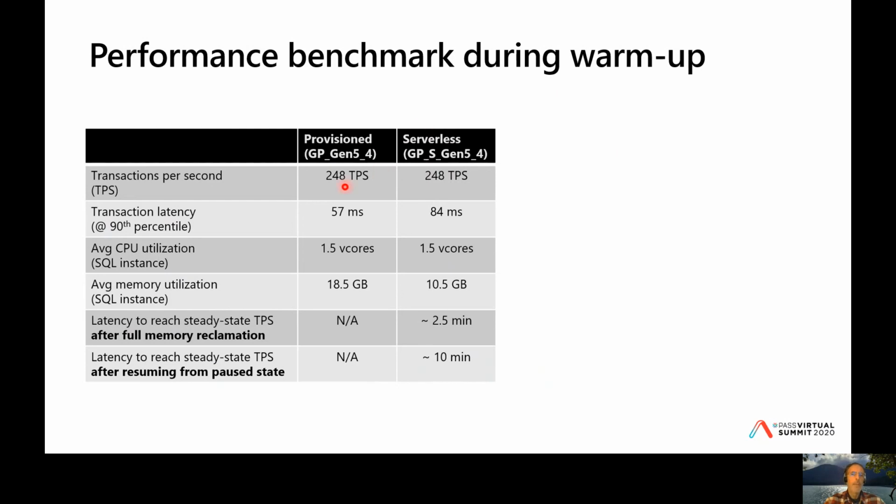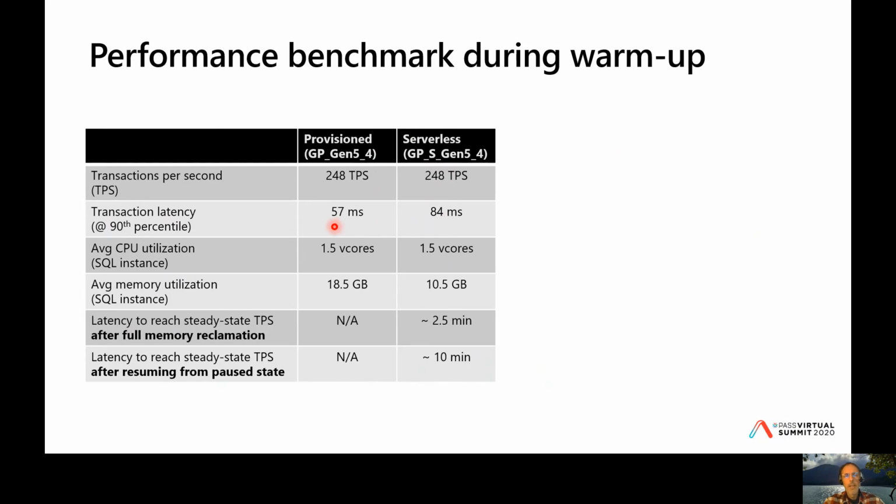And what we saw is that the steady state throughput for each of the databases is virtually identical, 248 transactions per second. But one thing that's different is that the transaction latency for the serverless database is slightly higher than provisioned compute, 84 milliseconds in the 90th percentile as compared to 57 milliseconds.